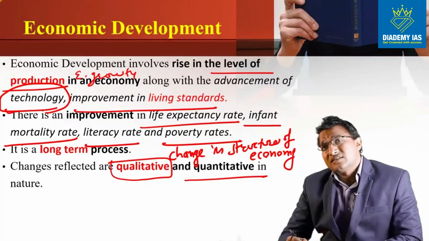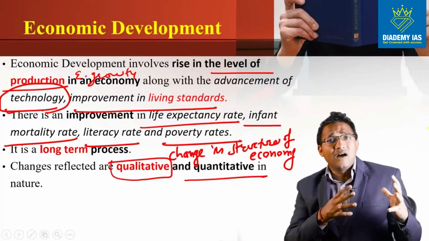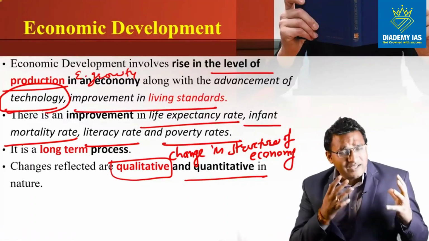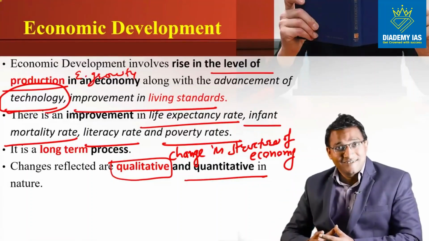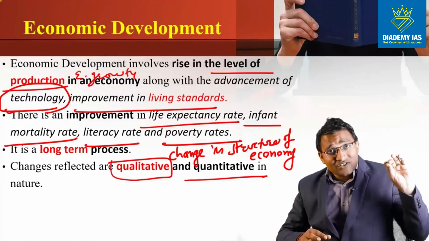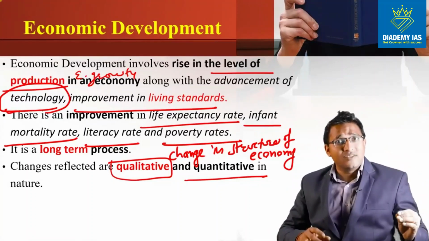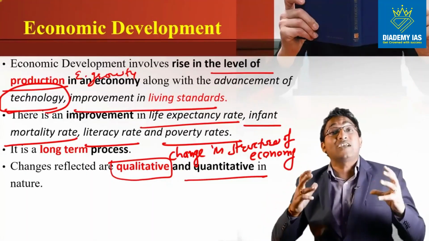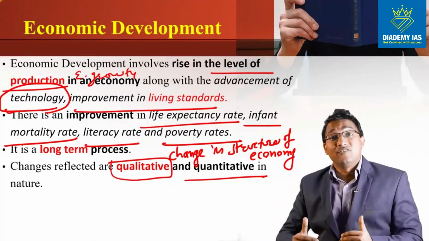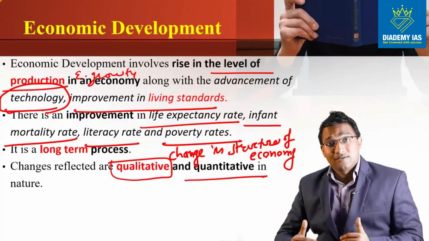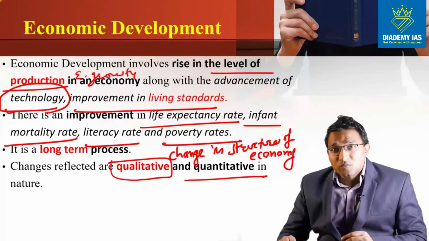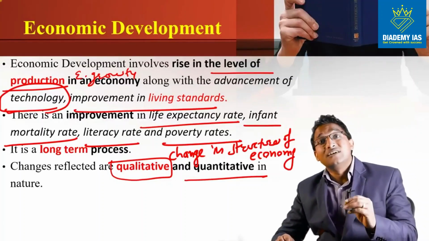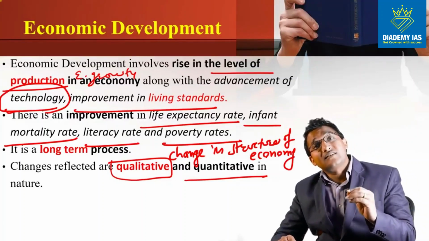Change in the structure means that earlier the majority of our production was coming from agriculture. Now the majority of the production is coming from the service sector. So this structural change from agricultural dominance to service sector dominance actually shows that we are now developing, right? So this development has to be structural, not just that only the agricultural production is increased.